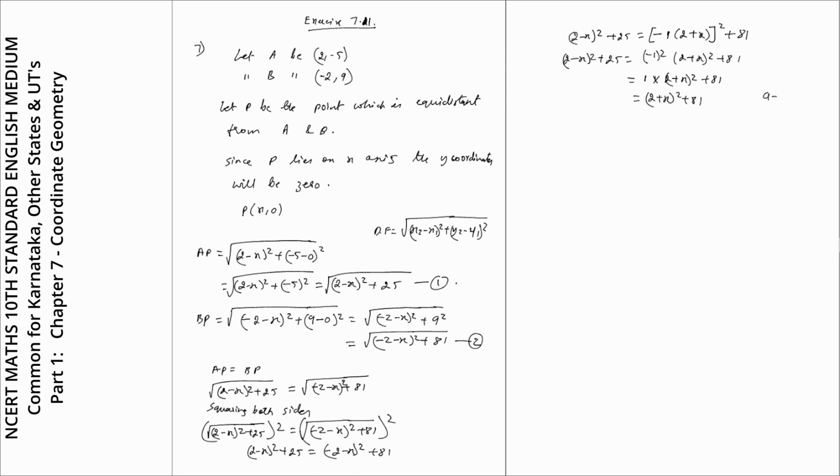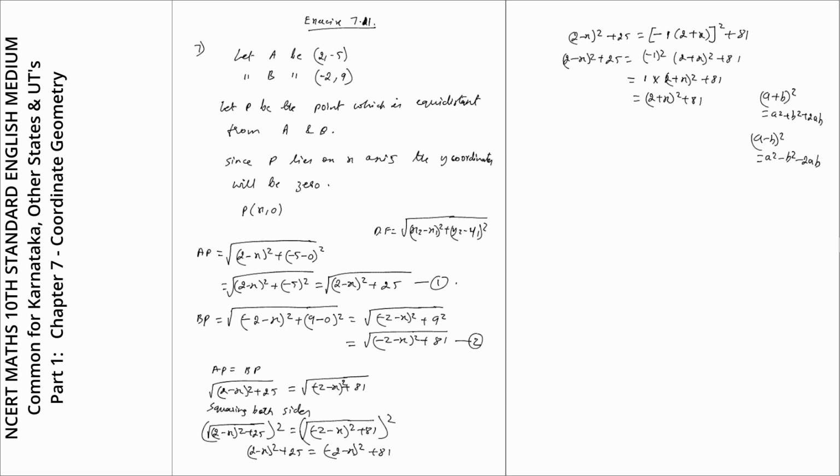Now I'll use the formula (a plus b) the whole square is equal to a square plus b square plus 2ab. Also (a minus b) the whole square is equal to a square plus b square minus 2ab. I'll use this formula and expand both the left hand side and the right hand side.